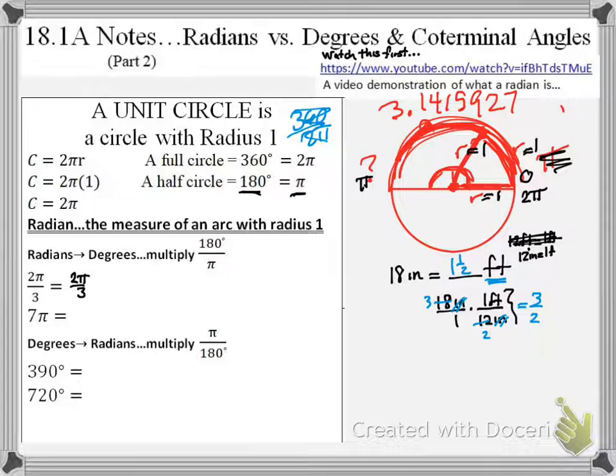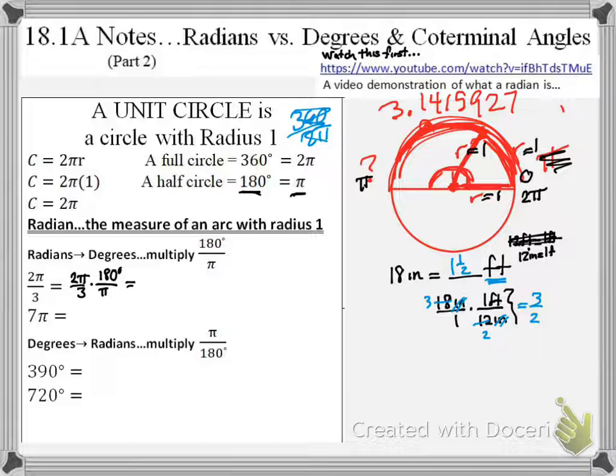Radian measures always have the pi, well, almost always have the pi in them, and we're going to be trying to get rid of the pi. So if I want to get rid of pi, I will put pi on the bottom. I'll put 180 degrees up on top, and then I will work on how do I reduce that.